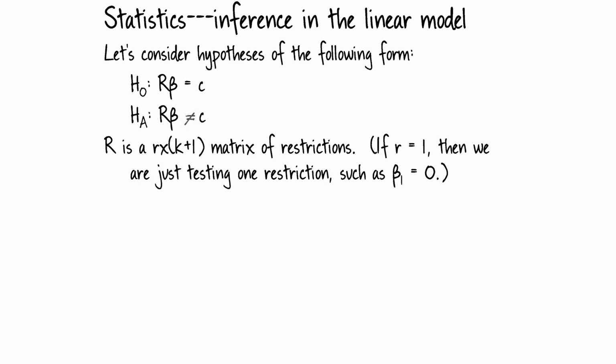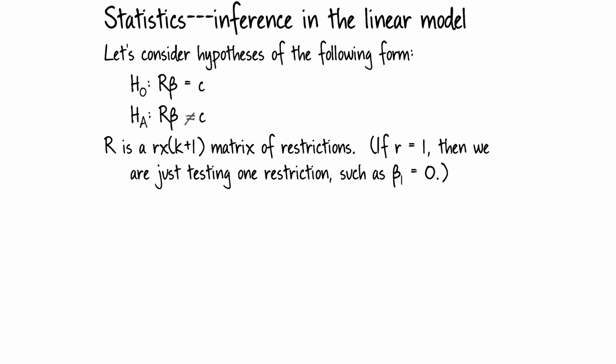So what is this matrix R? It's a matrix of restrictions, okay? And its dimensions are R by K plus 1. So the number of columns is equal to the number of parameters, the number of betas that we're estimating in the linear model.